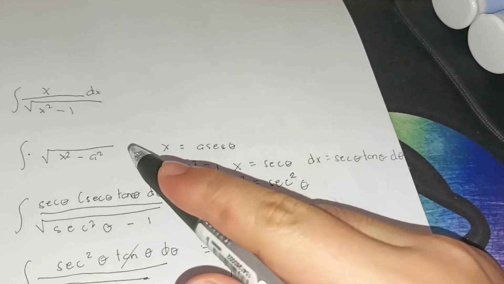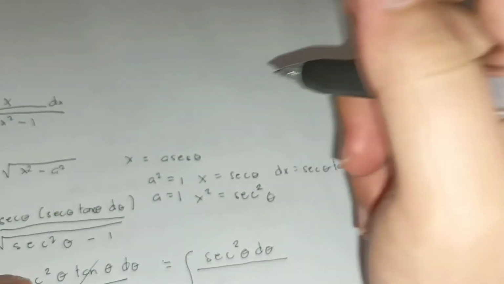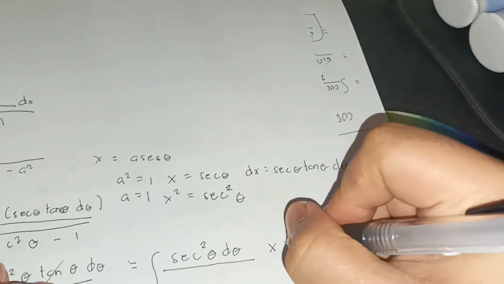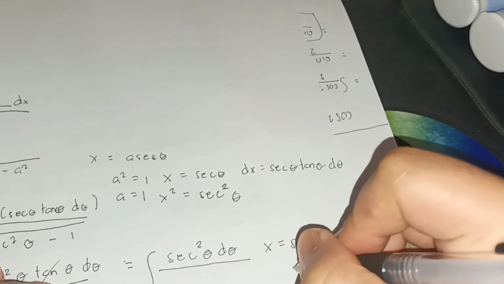So in order to return this to the top, we will base it from our x, which is x equals secant theta, to a triangle.